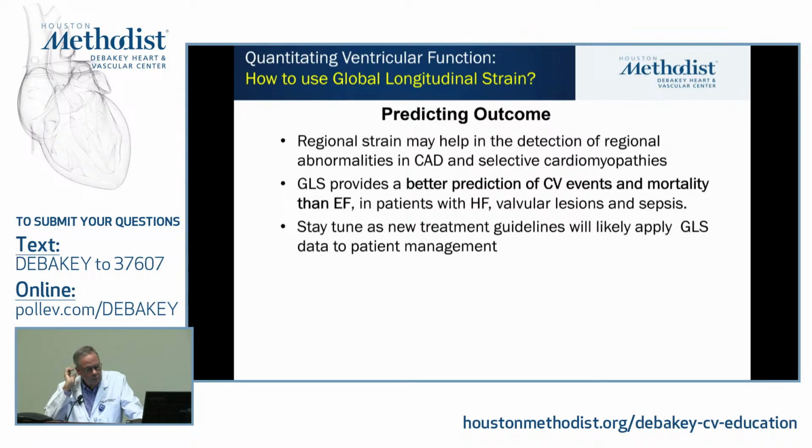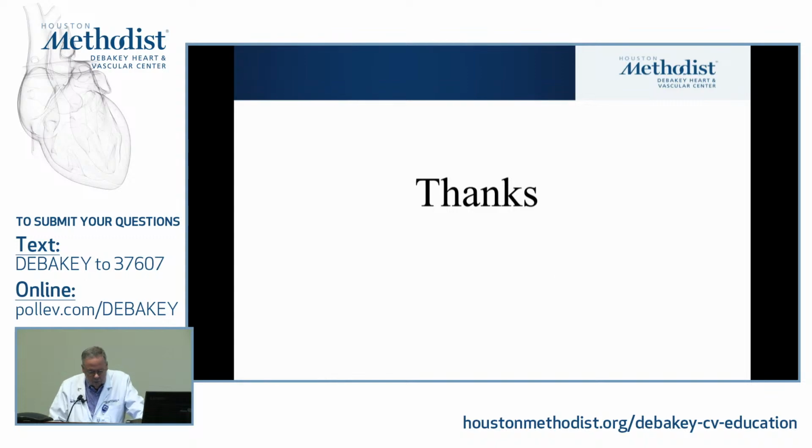I mean, if you have somebody with a strain of 9, 10 in a HFpEF patient, maybe we need to do something, and now that we have so many other forms of treatment, it might potentially be an important finding. So thank you very much, and we have a couple of minutes for questions.